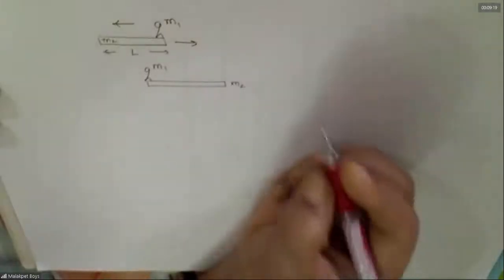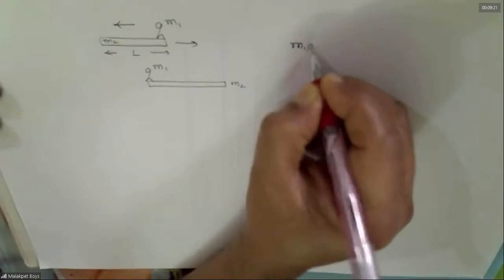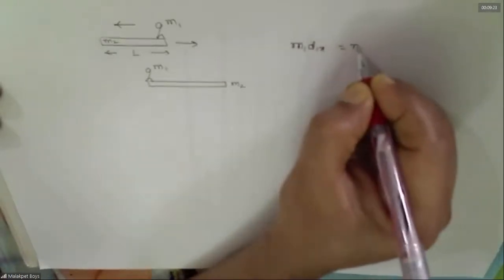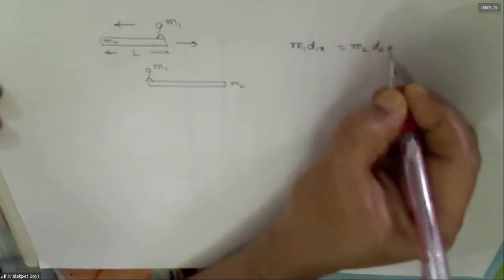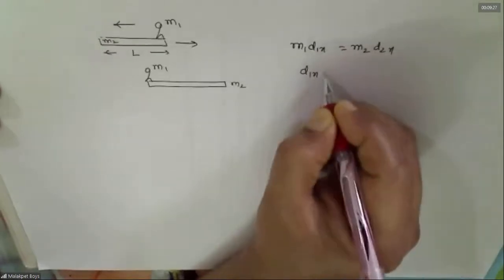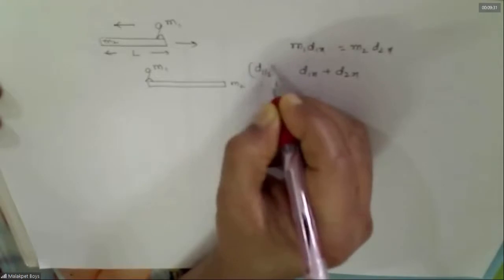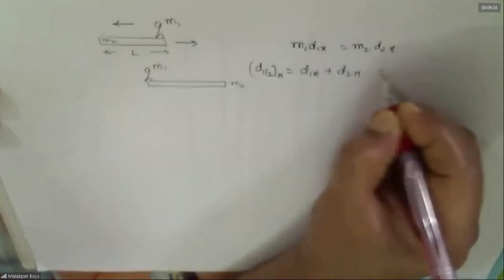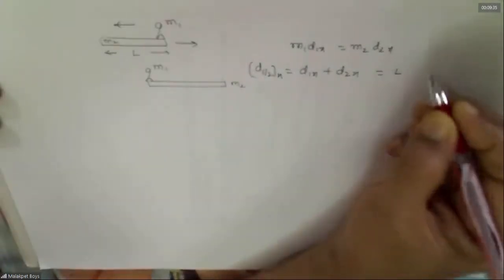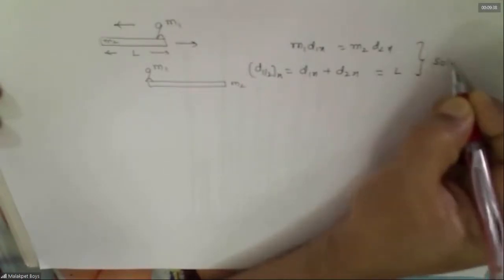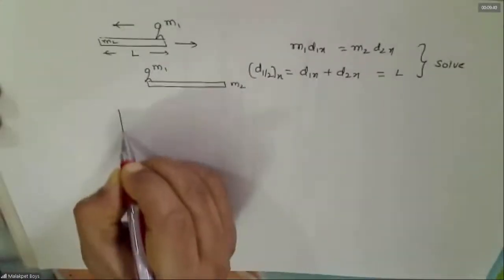Is there any y displacement? No, sir. And you have d1x plus d2x, relative displacement. Because you have only x displacement, you'll use that. Solve this.